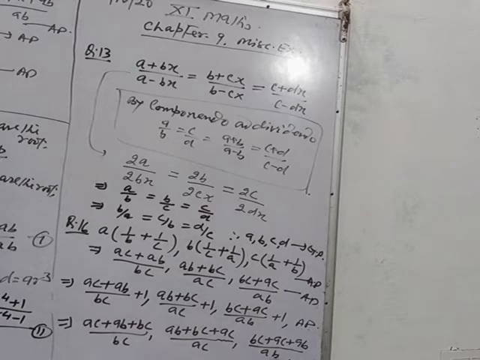And here also you have to remember, if terms are in AP and you add any number or quantity to each term, the new terms will remain in AP. Suppose a, b, c are in AP. If you multiply by k, then ak, bk, ck will remain in AP.